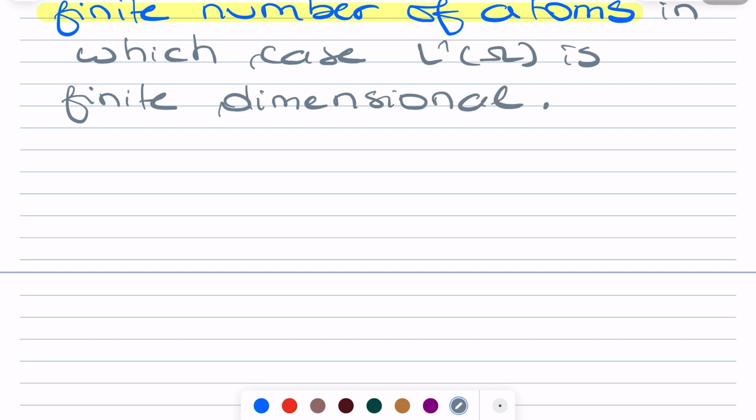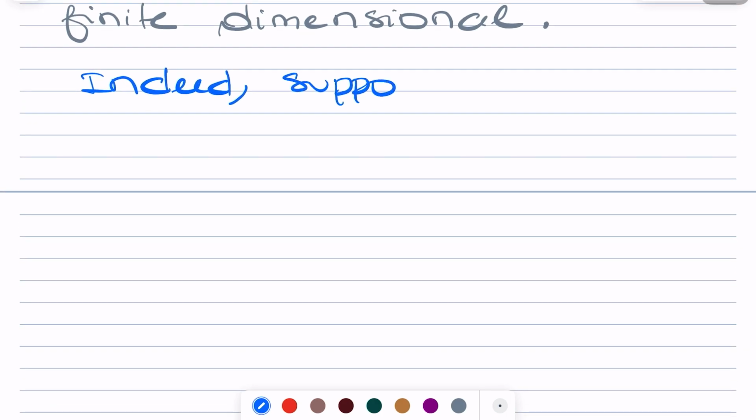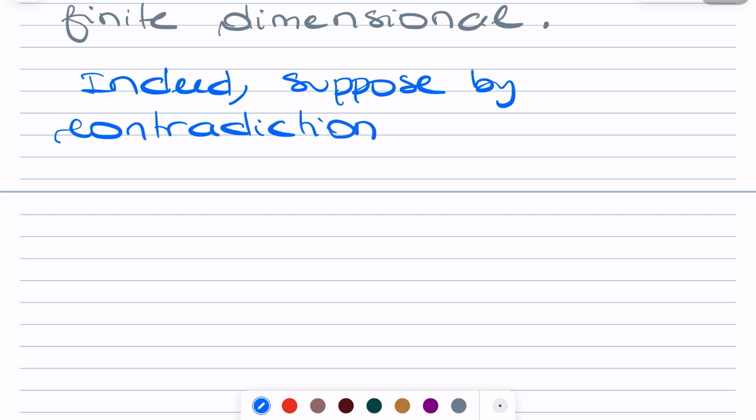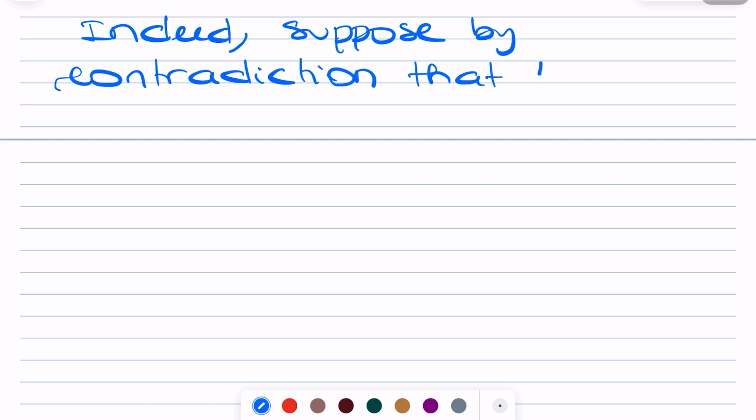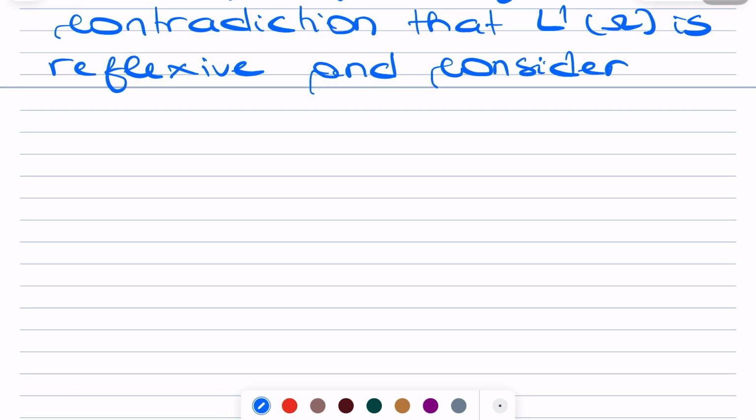Good. So how to see that? Indeed, suppose by contradiction that L1 of omega is reflexive, and consider two cases.